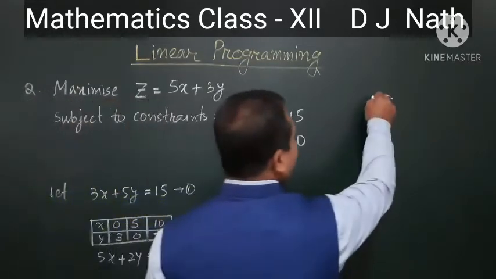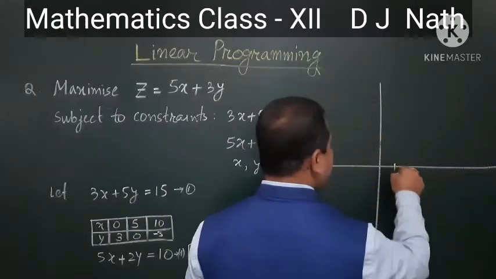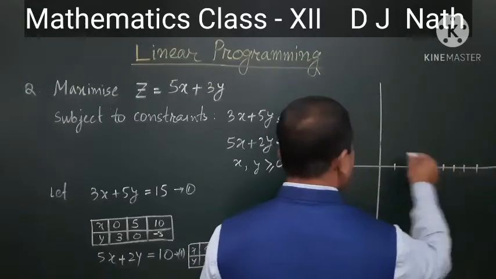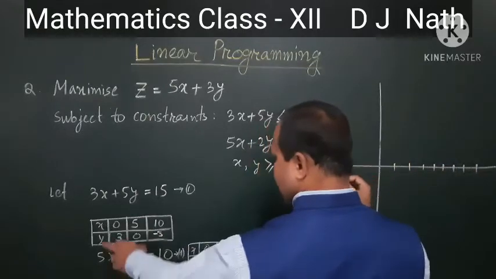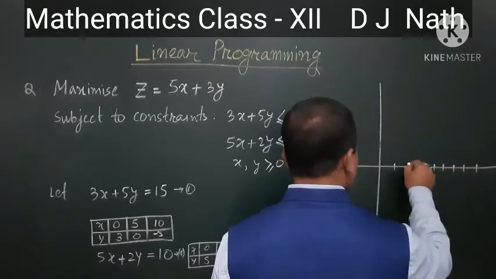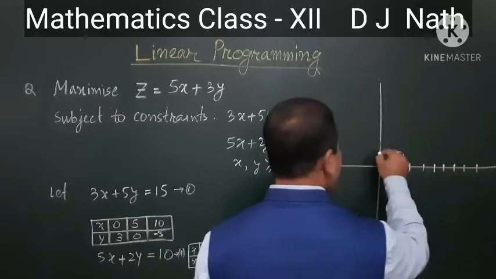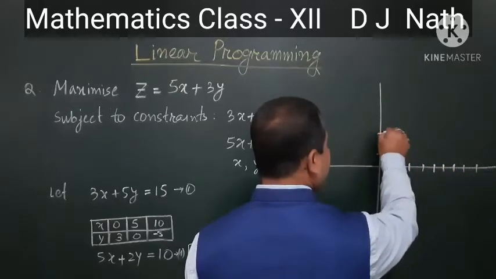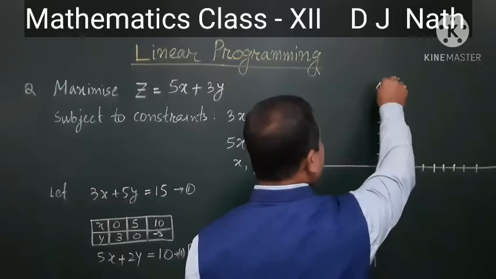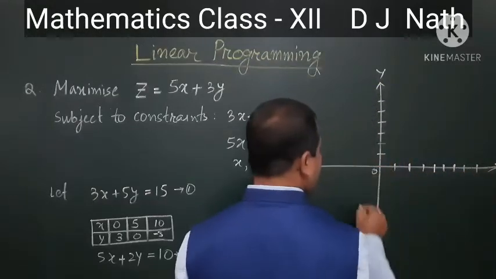What will we get? We will draw the graph. Our x goes up to 10, and y also goes up to 10. So this is the x axis, this is the y axis.